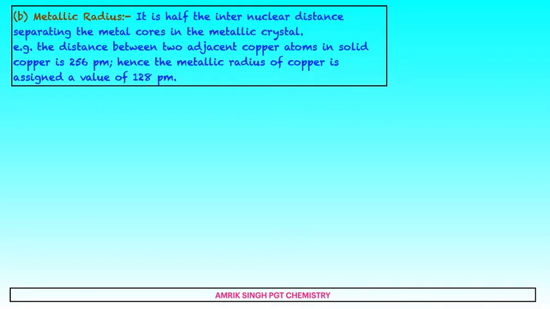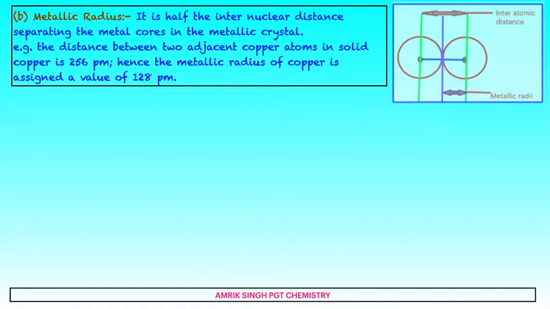Hence, the metallic radius of copper is assigned a value of 128, half of 256. Let's have the diagram. We have two copper atoms, and the distance between two centers is interatomic distance, and the half of this value is known as metallic radii as shown in the diagram.